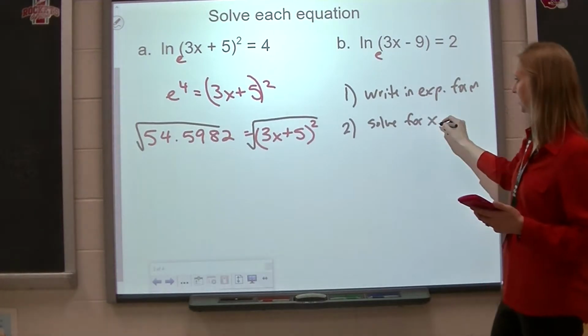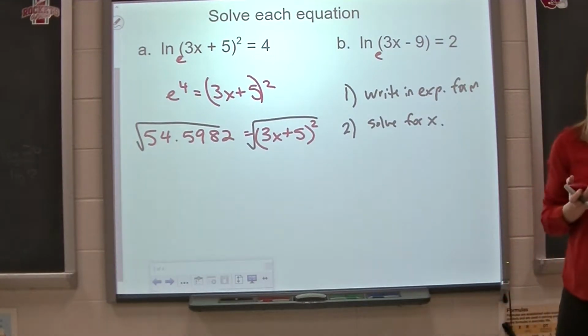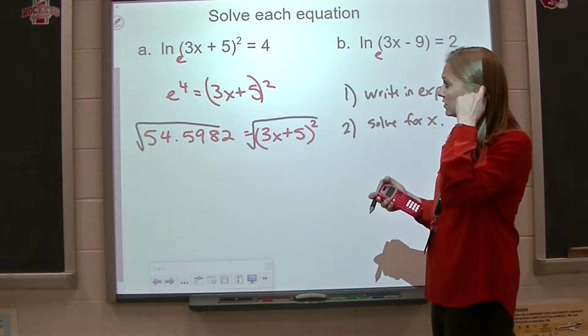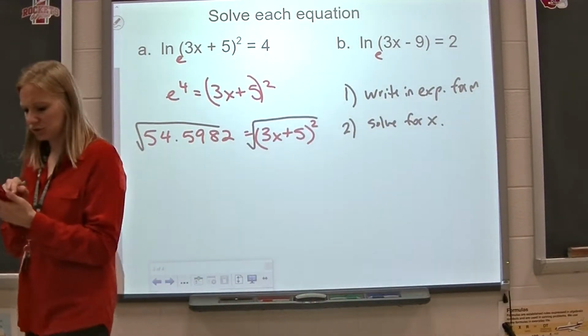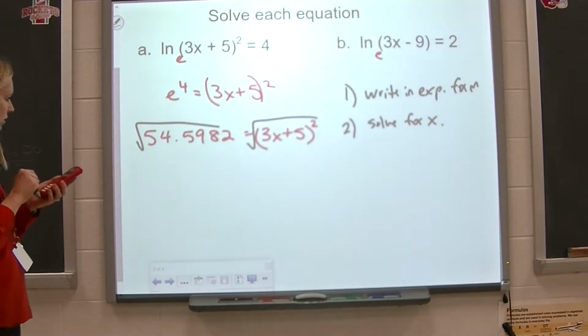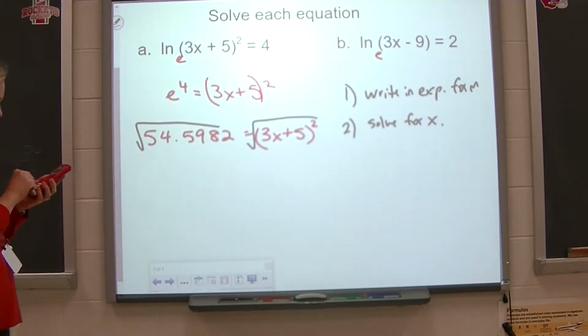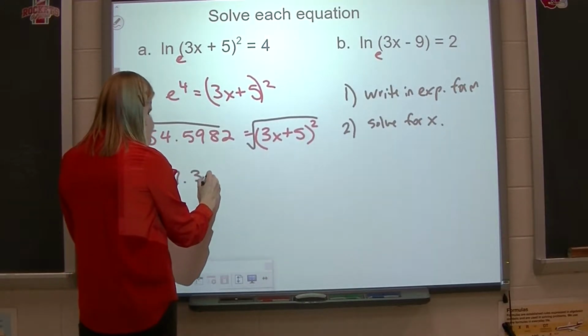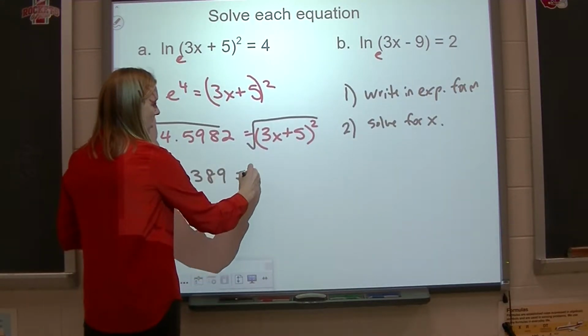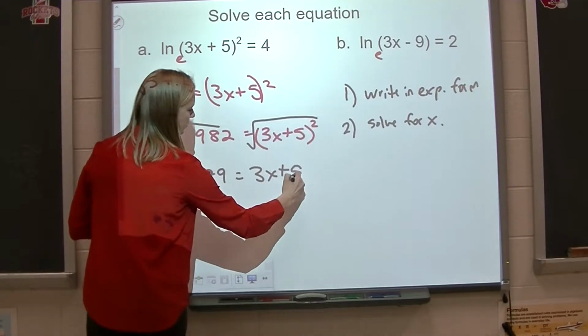So this could be umpteen different ways you have to go about solving for x. In this case, to solve for x, we have to first square root both sides. So the square root of 54.5982 is about 7.389, and that equals 3x plus 5.